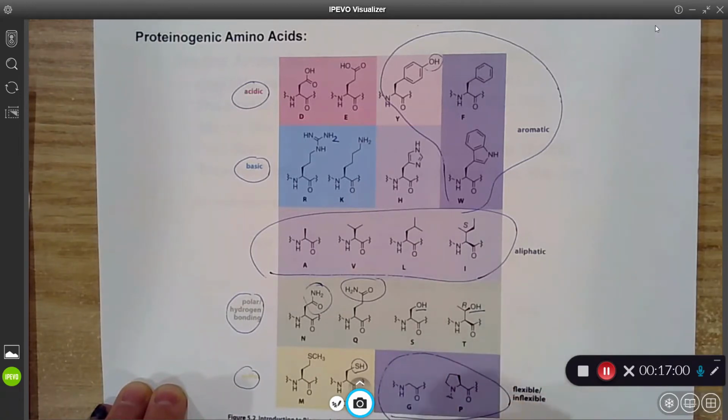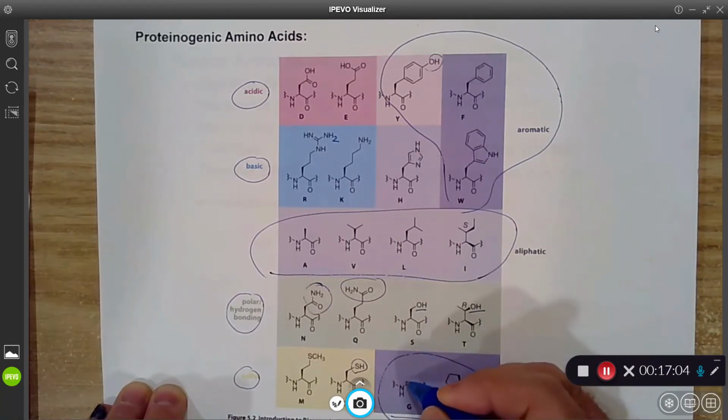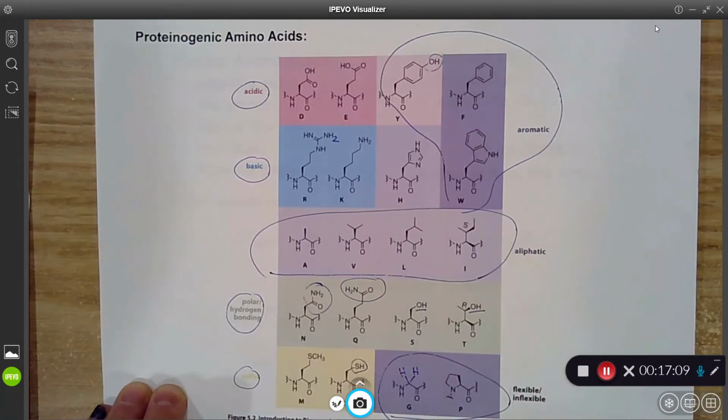And then we have what is characterized as flexible and inflexible linkages. So glycine, as you know, has 2 hydrogens here. And because those are so small, glycines can fit in places where the peptide chain might need to really fold or kink excessively to form a complex structure.